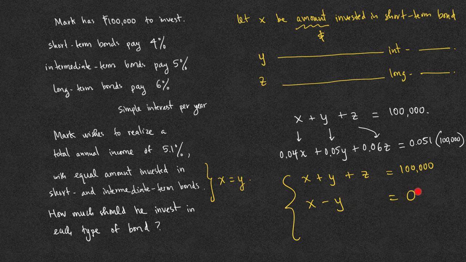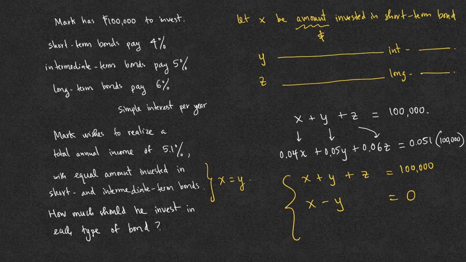If we want to find the solution of a system of three unknowns, then we will need three equations. We will use an alternative method when we only need to solve a system of two equations, where X equals Y already. So potentially, we only need two equations in the system.